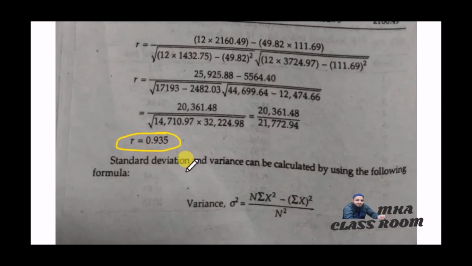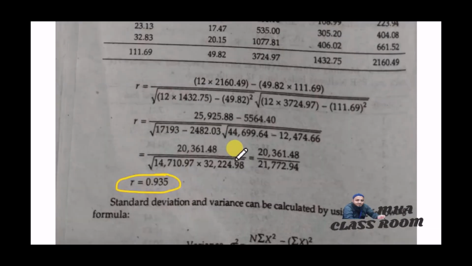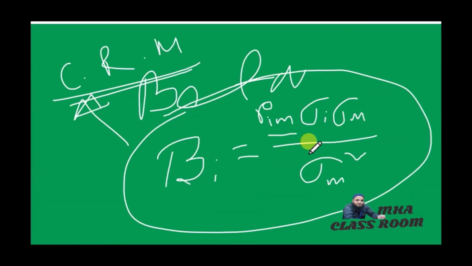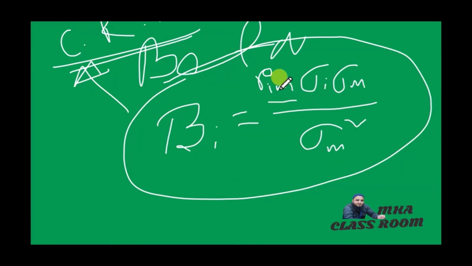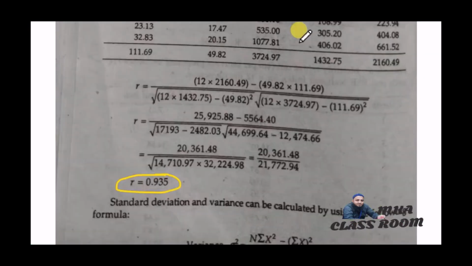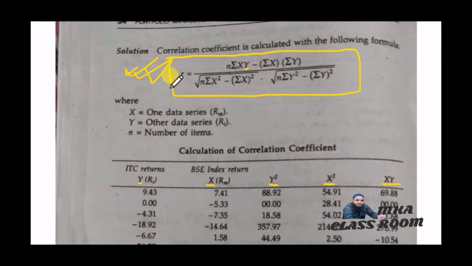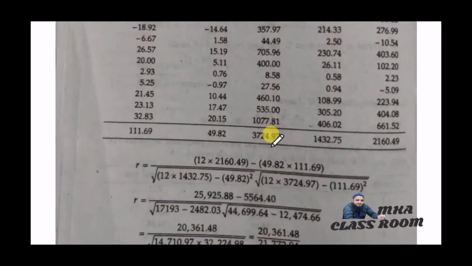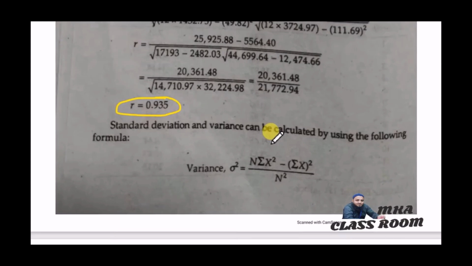Now we have to calculate the standard deviation. So we learned the formula. We are using this formula. At first r_im, that means correlation coefficient. So this is the correlation coefficient formula, and after that we have seen beta i, that means dependent variable's standard deviation.